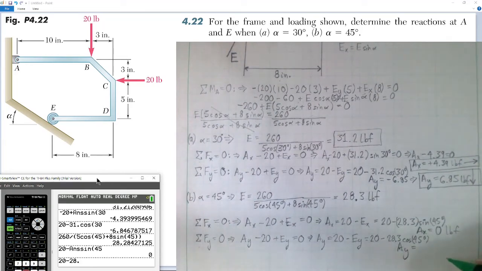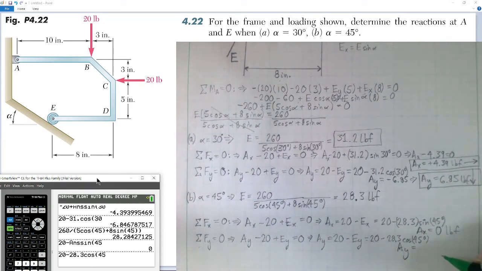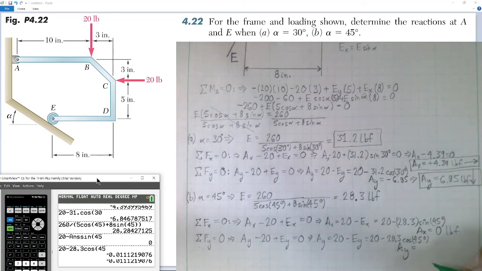So we get a reaction force Ay equal to negative 0.01, which tells me that this is also approximately 0. So this is, we'll say it's approximately 0 due to rounding errors. It's not quite 0, which means there is no reaction at A. A has no reaction.